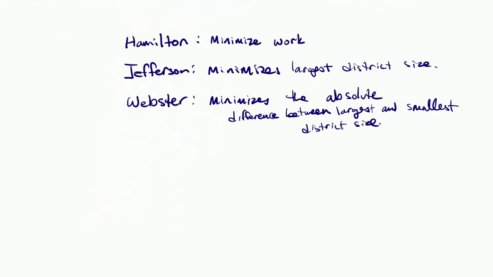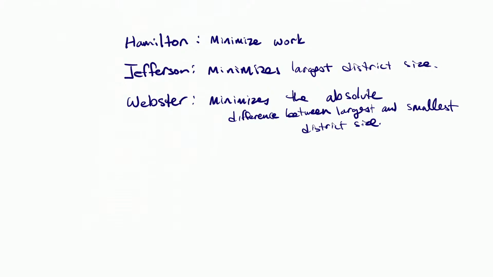There we go. I think I've actually got Jefferson written slightly incorrectly. It doesn't matter because we don't use Jefferson. But Webster's method minimizes the absolute difference between the largest and smallest district.